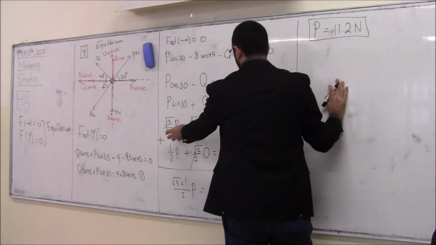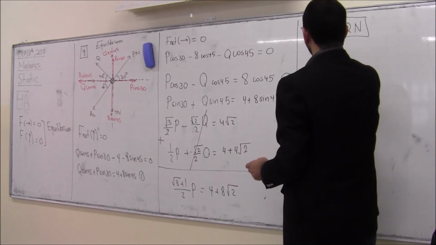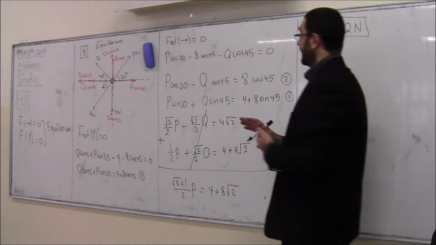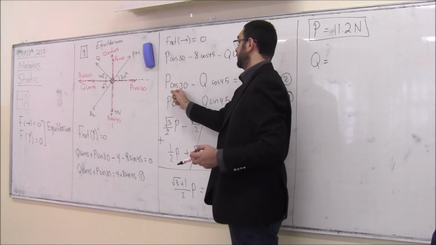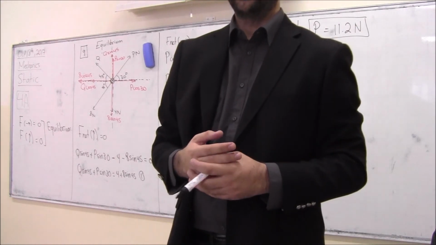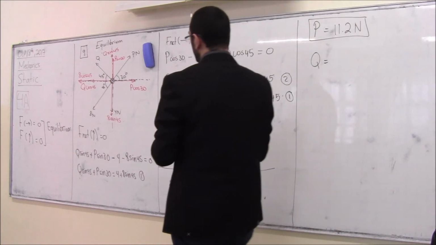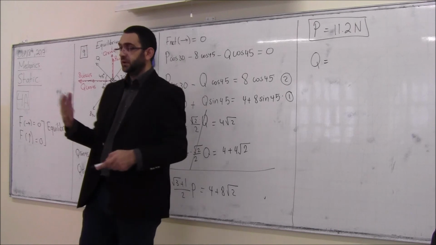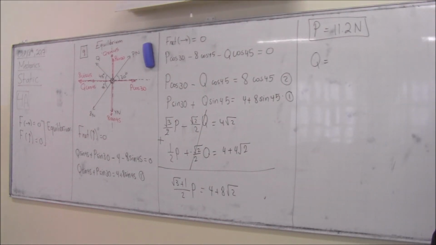Substitute P somewhere in any of these equations, and you will have Q. This is algebra, but I did this question in order to learn how to deal with algebra with cosine and sine. And probably we will have angles like 30, 45, 60, these famous or well-known angles.